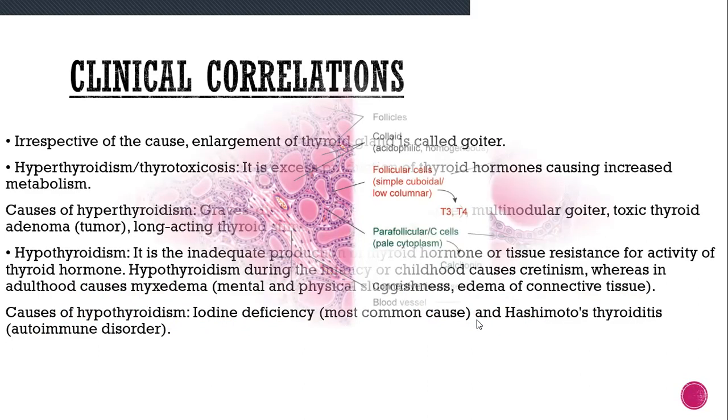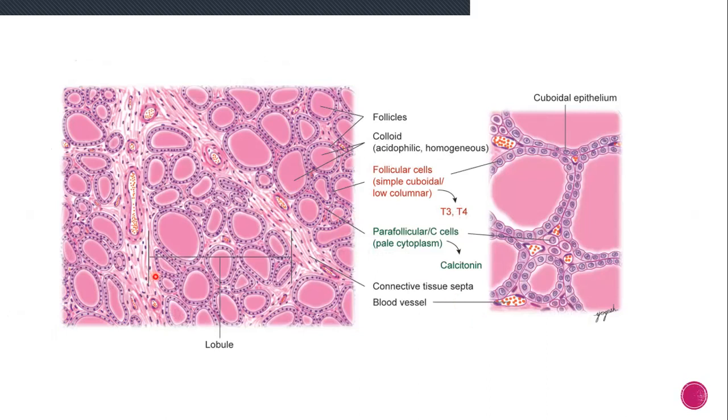So here we can do some summary. Here you can see these are septa, and within the septa you can see blood vessels, and you would also find nerve bundles and lymphatics. Then here you can see spherical masses, those are your thyroid follicles.